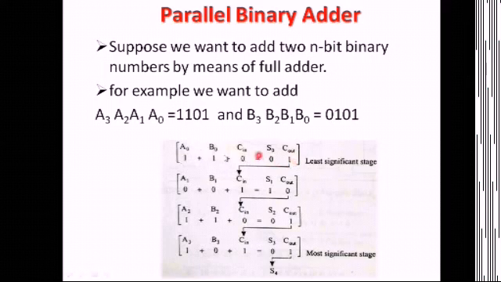This corresponds to the least significant stage. Now this Cout will be coming here as the carry from the previous stage. So this is 0, 0 and 1, and the output is 1 and 0. Next, again this 0 will be going as the carry from the previous stage.